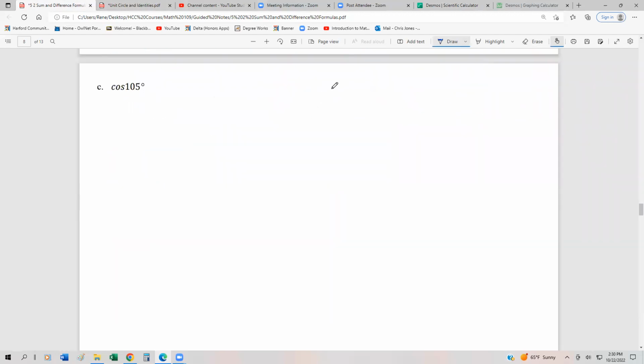This time we have a cosine of 105. We can rewrite 105 as 60 plus 45. Remember, we're just trying to utilize those various angles, the 30s, the 45, 60, and 90. And so we can write this as the cosine of 60 degrees plus 45 degrees. And we have a new formula because it's a cosine, right?